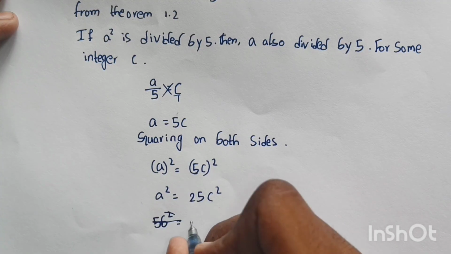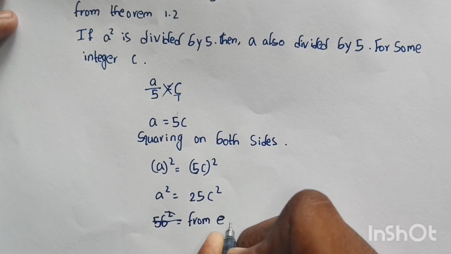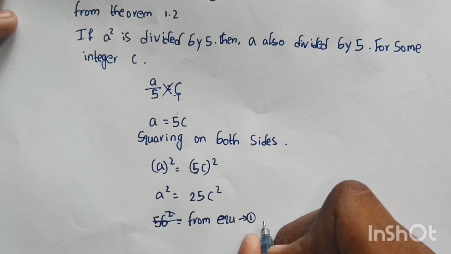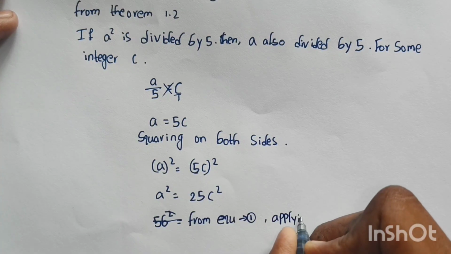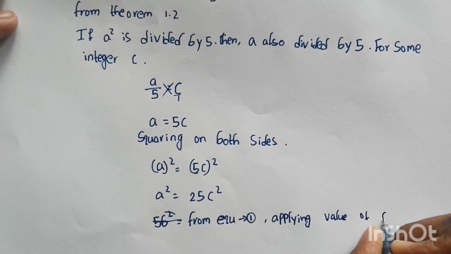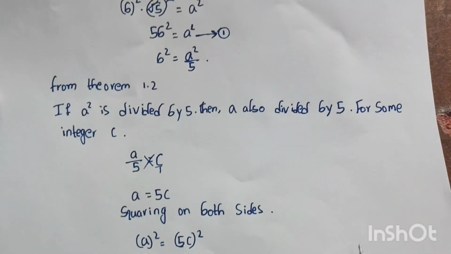So I will write another step. From equation 1, applying the value of a square. A square means what? 5b square.